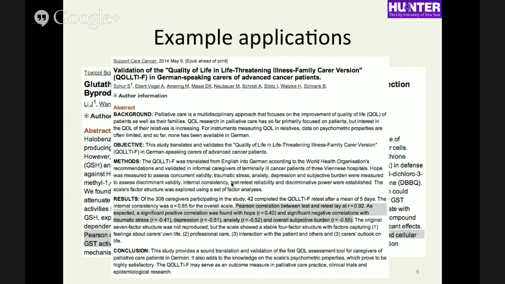So you'll notice that there are some that have a positive correlation. Hope positively correlates with subjective quality of life, and traumatic stress and depression negatively correlate with quality of life. So this is the point of the Pearson correlation measure that we're going to do today: to quantify this relationship between two continuous variables and say whether they are positively correlated with each other, negatively correlated, or uncorrelated.